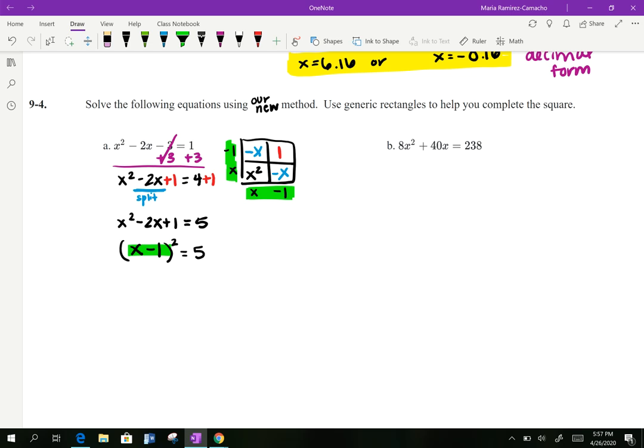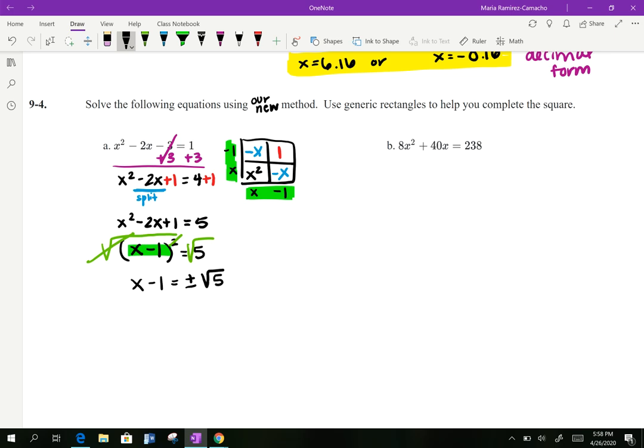All right, now that we have this, we can solve for x. Let's take the square root of both sides. The square root and the square cancel. I'm left with x minus 1 on the left side, plus or minus the square root of 5 on the other side. Again, that's because when you take the square root of a number, you can get a positive or a negative.